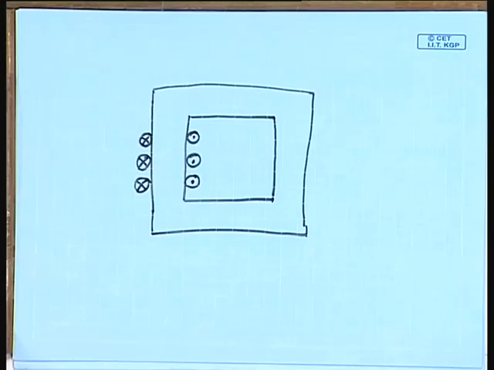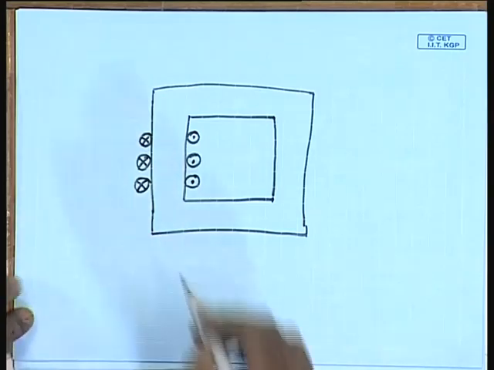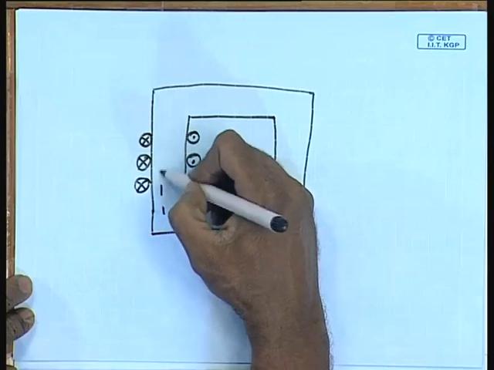Now, when this winding is excited, there will be flux lines inside the core.